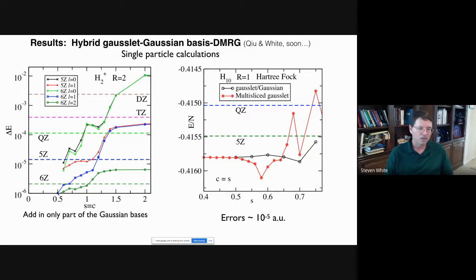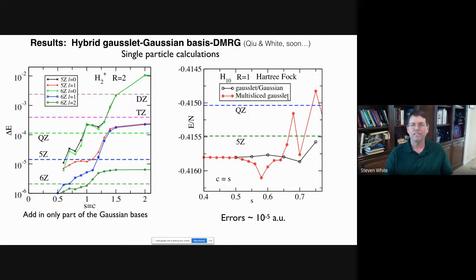We get better than the accuracy of the Gaussians that we started with. There's some sort of happy medium where you don't rely too much on the Gaussians. You let the Gausslets do most of the work, but you still get a big correction from having this high order Gausslet doing the nuclear cusp.